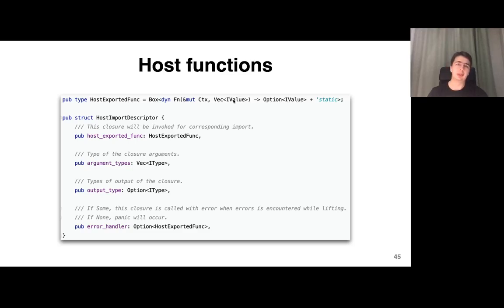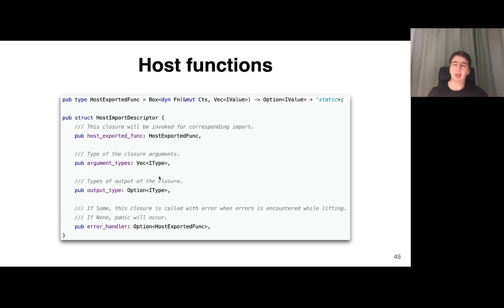So it seems easy, it seems self-descriptive. You just obtain a vector of IValues and should produce an option of IValue. Also, here you should specify argument types and output types. These fields are needed only to link this closure to the Wasmer module.